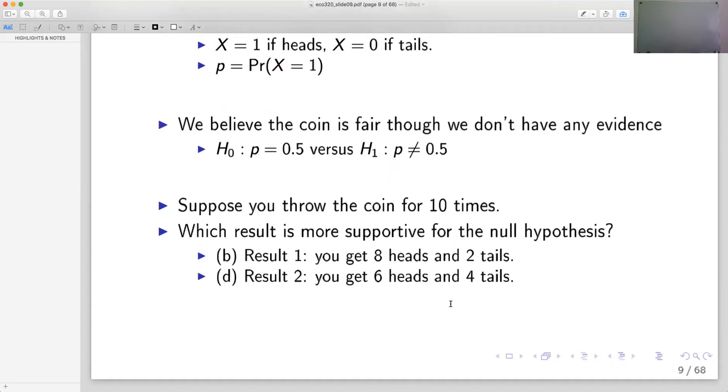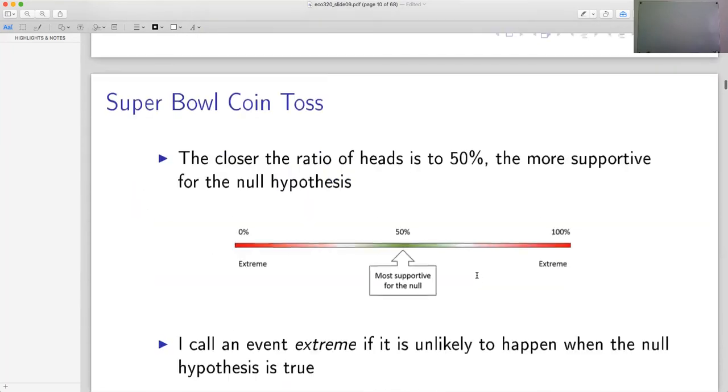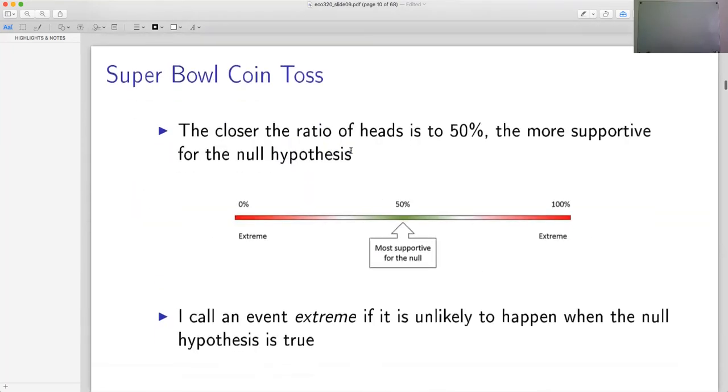The answer would be 6 heads and 4 tails, because it's closer to 50%, while the other is 80% and 20%. So the closer the ratio of heads is to 50%, the more supportive it is of the null hypothesis.